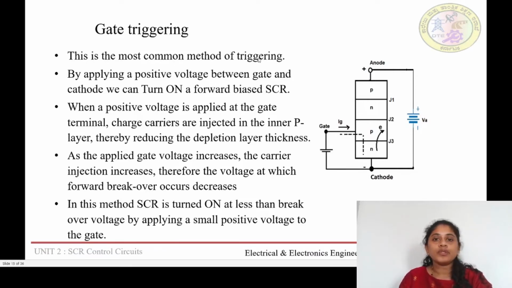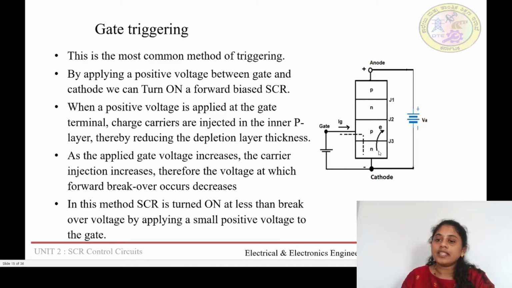It is the most common method of triggering. Here, gate voltage is applied between gate and cathode for a forward biased SCR. As we increase the gate voltage, charge carriers are injected from the N layer into the P layer. We know that for a forward biased SCR, junction J2 will be in reverse bias condition and there exists a depletion region.